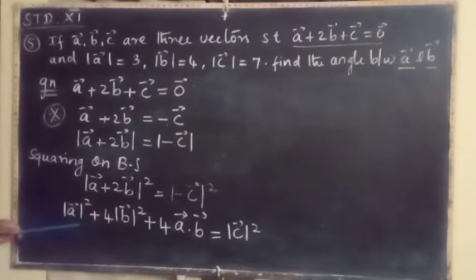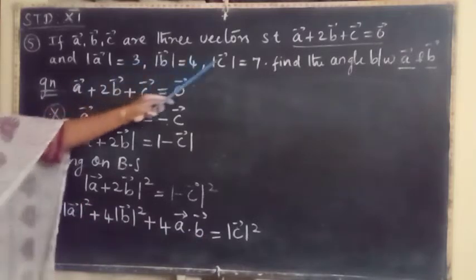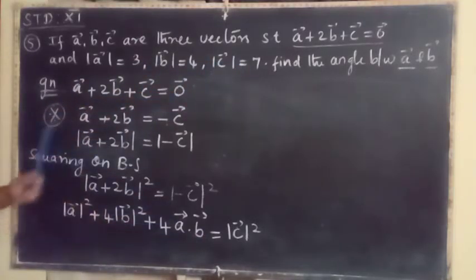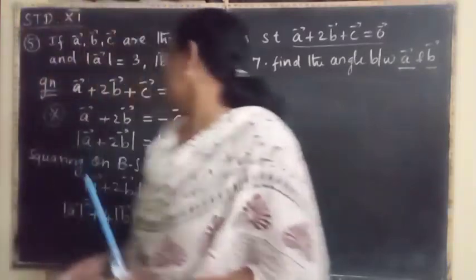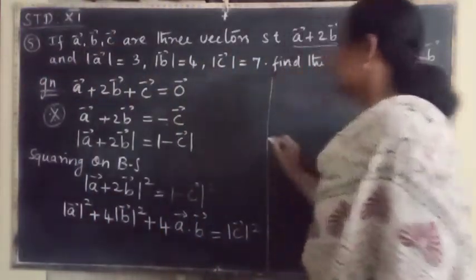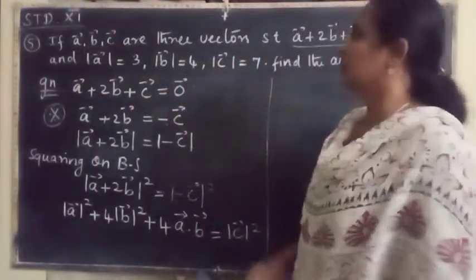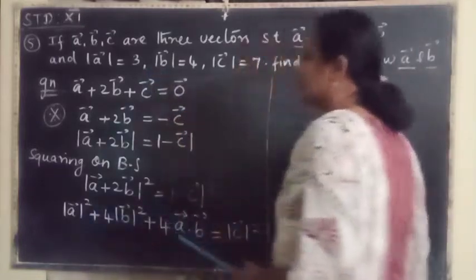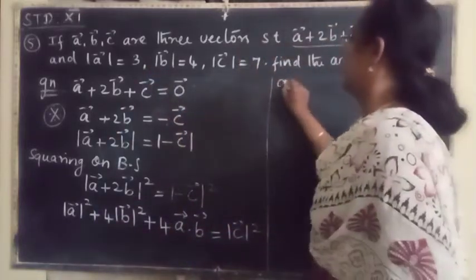Now I am going to substitute the values given in the information. Modulus of A is 3, so 3 squared is 9.